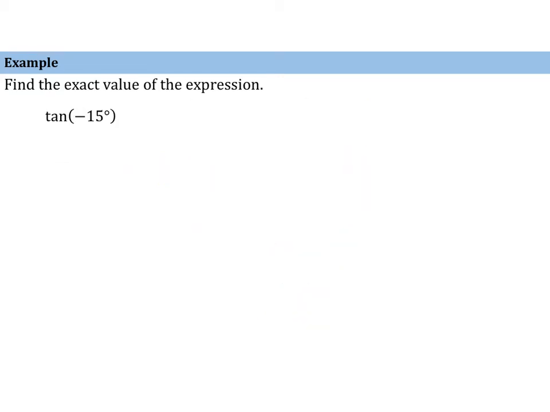So here we have an example that's a tangent function, and we also have degrees. So negative 15 degrees is equal to 30 degrees minus 45 degrees. So the tangent of negative 15 degrees is equal to tangent of 30 degrees minus 45 degrees.